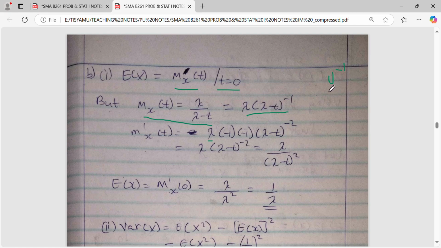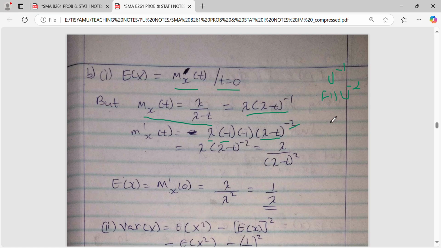We differentiate u raised to negative 1 with respect to u, which gives negative 1 times u raised to, we reduce the power of u by 1, so it will be raised to negative 2. But what is u? We said u is lambda minus t, and therefore we substitute u with lambda minus t, and you can see we have lambda minus t raised to negative 2. Then there is this negative 1.